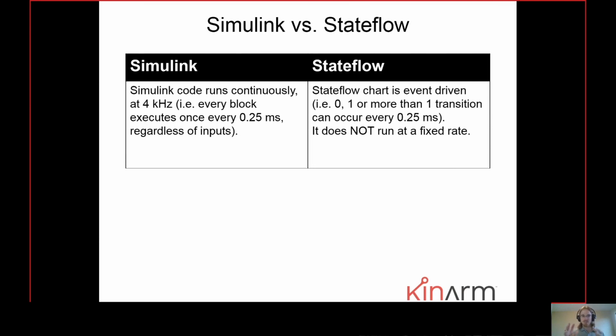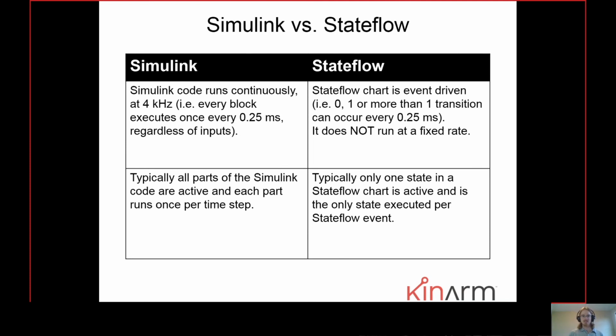So Simulink, everything's going all the time. Stateflow, you're in one state looking for ways out of that state. Typically your Simulink is always running, so all of your blocks are doing everything they need. Stateflow, no, you're in a state, you're looking for transitions.